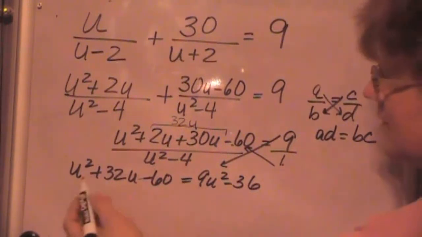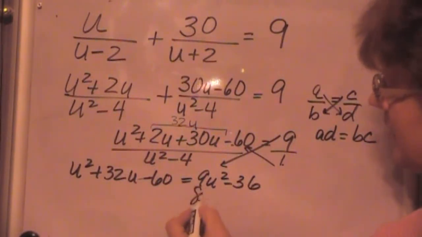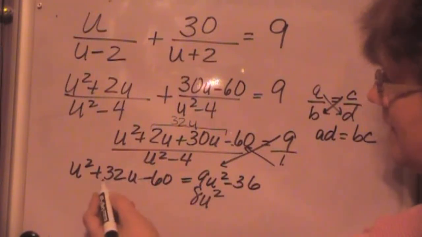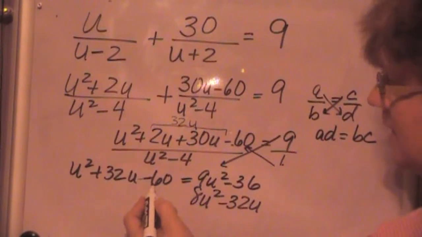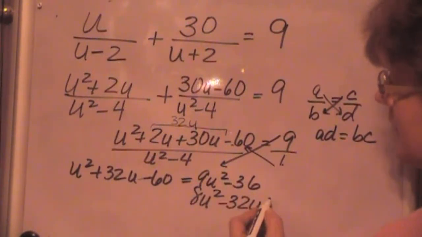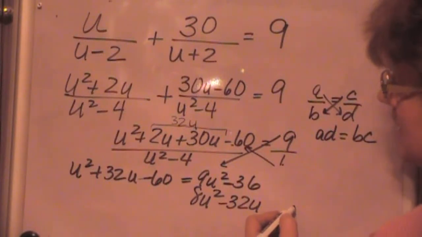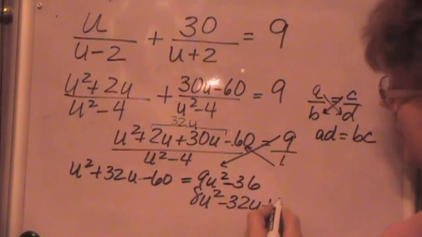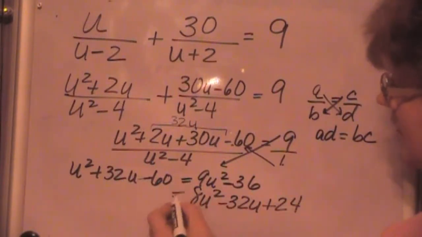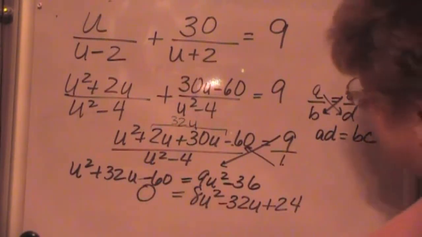Now we can take the u squared from the 9u squared and we get 8u squared minus 32u, and I have a minus 60 over here. It comes over here as a positive 60, combining with this negative 36 gives me a positive 24. And this now will be equal to 0.